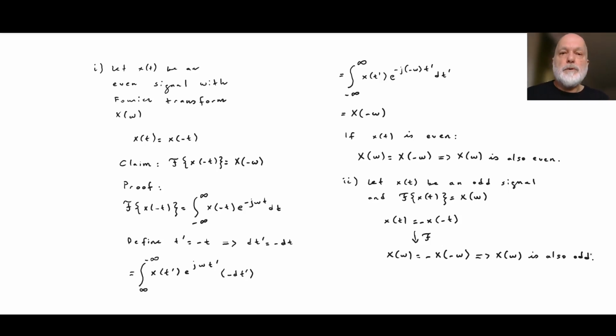Okay, so we are going to study this case next. Now let us consider the case of a real valued signal which is even. x of t is real valued and even.